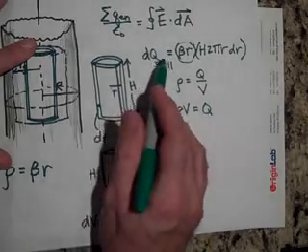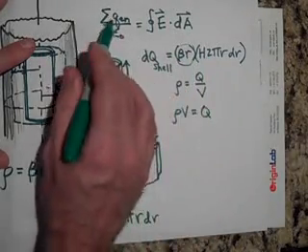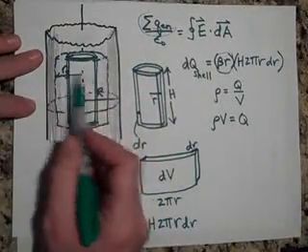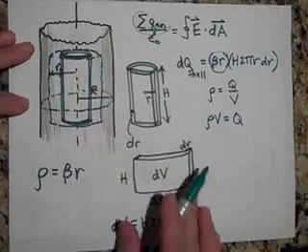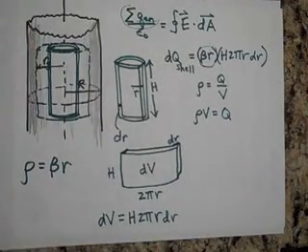So the charge enclosed in this shell is this, and to get all of the charge enclosed by the Gaussian surface, I'm going to use an integral to sum that up. Okay, so this is what the integral is going to look like.